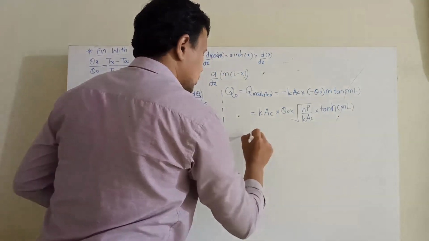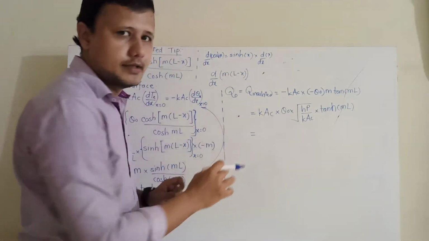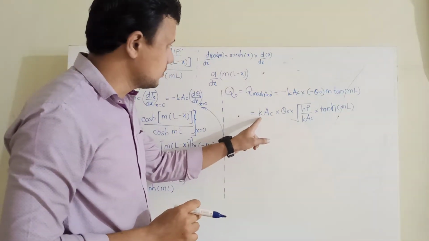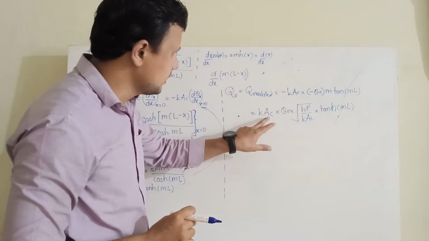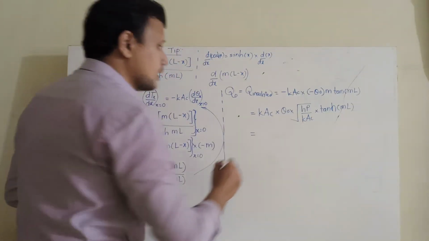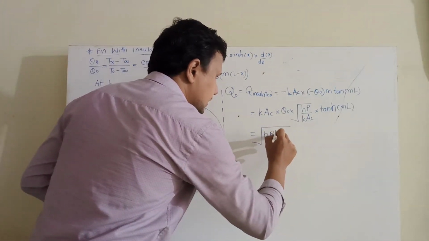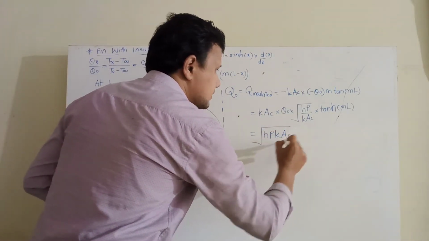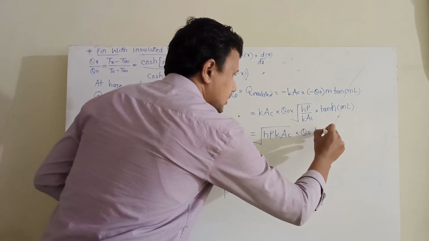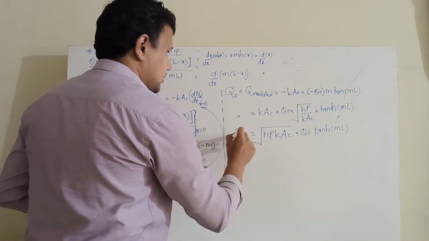Now this kAc we have already dealt with; it can be expressed as the multiplication of two square roots of kAc. So one kAc from the numerator and one from the denominator will be absorbed. Ultimately what we get is root of hPkAc multiplied by θ0 multiplied by tanh of mL. So that is your Q0.